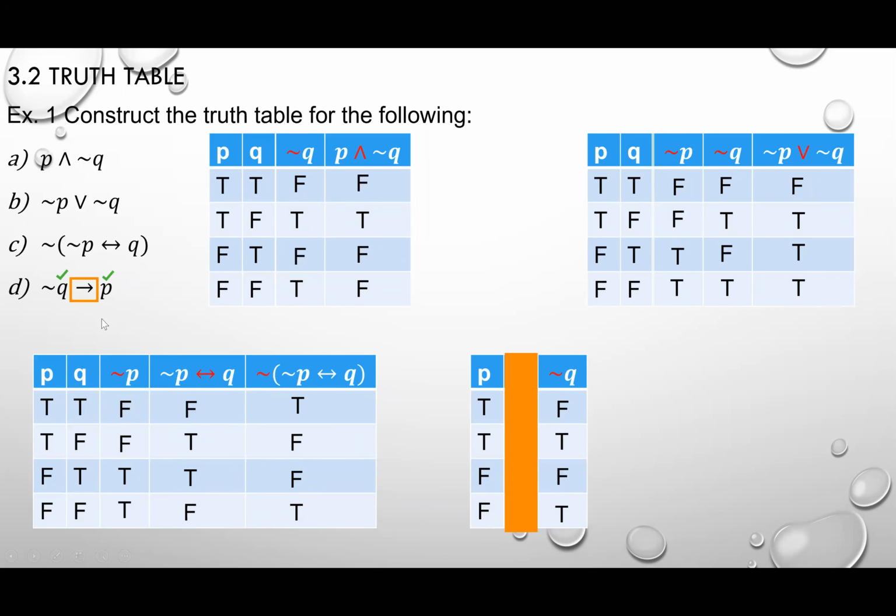So what is the first thing? The first thing is the negation of Q, meaning you look at this item going that way.